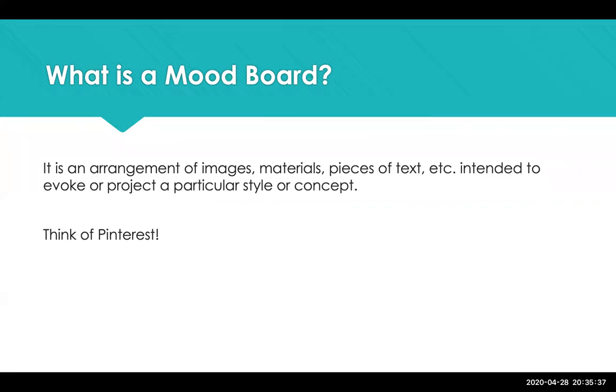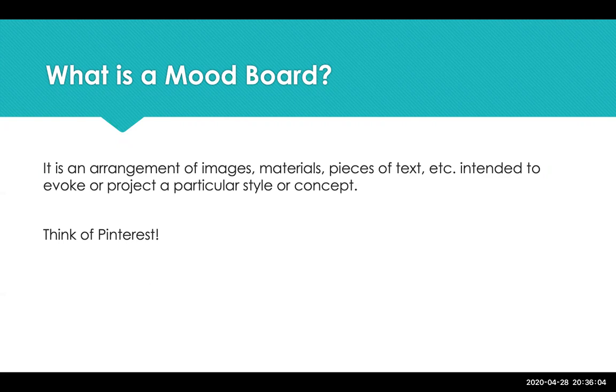So a mood board is really an arrangement of images, typography, shapes, textures. Think Pinterest. Think about how you can surf Pinterest and you just start collecting a lot of images about maybe the way you want to decorate your living room, or cars that you like a lot.